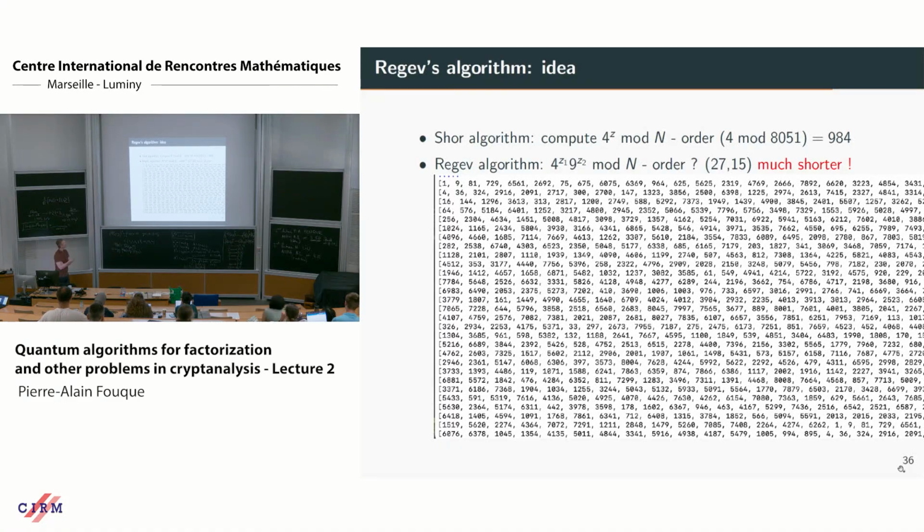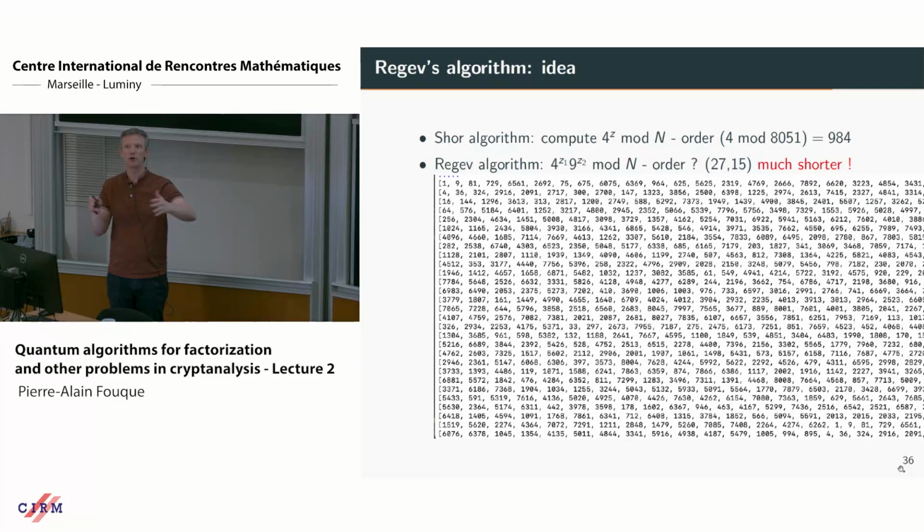So what you can effectively see is that the period is much, much shorter than the period you have here. Okay, and this is very helpful because you know that for Shor algorithm, you have to raise the value up to some point, which is close to n. Here, we will be able to raise the value, but the exponent will be much shorter.